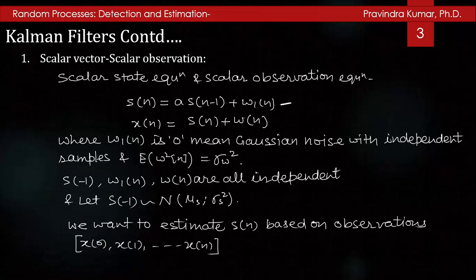S[-1], omega[n] and omega1[n] are all independent, and let S[-1] be a normal random process with mean mu s and variance sigma s square. We want to estimate S[n] based on the observations x[0], x[1] to x[n], or to filter x[n] to produce S cap n.